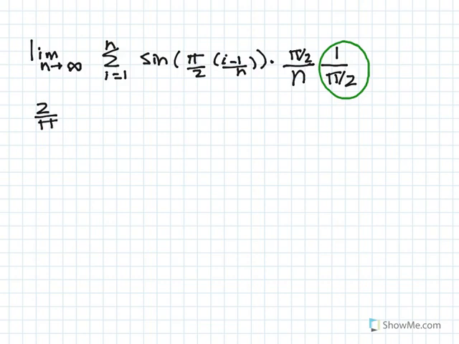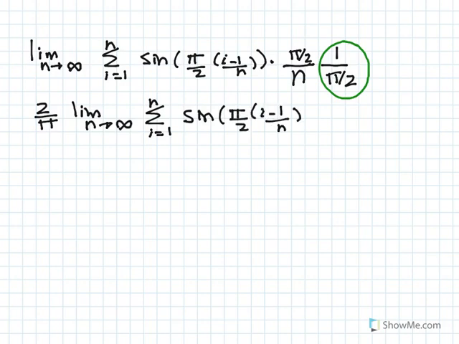So we flip the fraction and we get 2 over pi, limit, n goes to infinity, i goes from 1 to n, sine of pi over 2 times (i minus 1) over n, times pi over 2n.